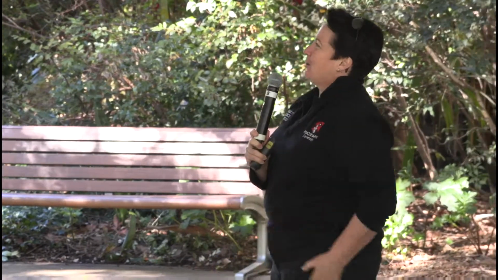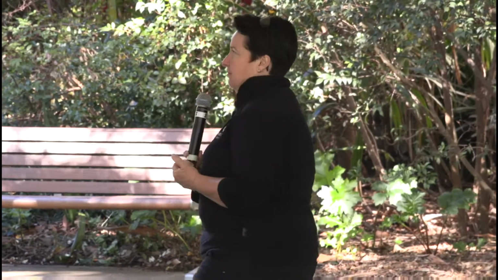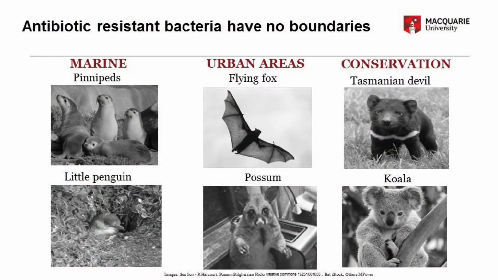Okay, so now we'll get to the animals. So we're trying to understand, basically antibiotic resistance now has no boundaries. As I said, it emerged as really a primary human issue in hospital patients. It's now spread outside of hospitals into the community, and we're now seeing it in our wildlife. So we've been investigating antibiotic resistant bacteria in wildlife for a number of years.